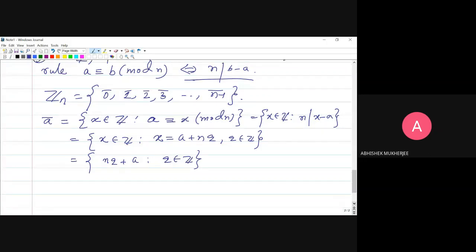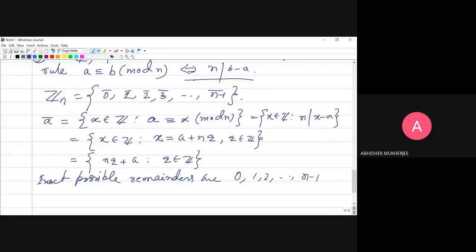Now it is known to everyone that whenever you are dividing an integer by a given positive integer, suppose n, the exact possible remainders are 0, 1 to n minus 1.